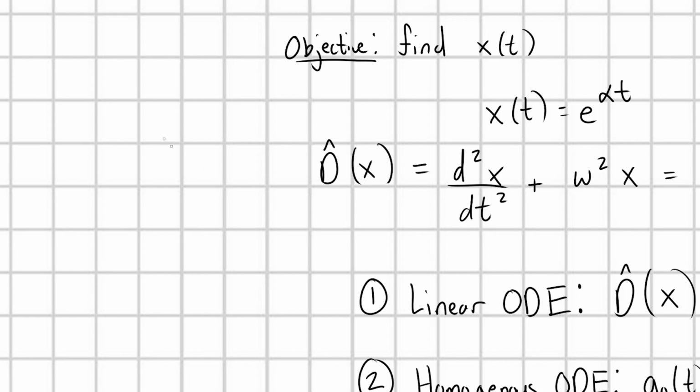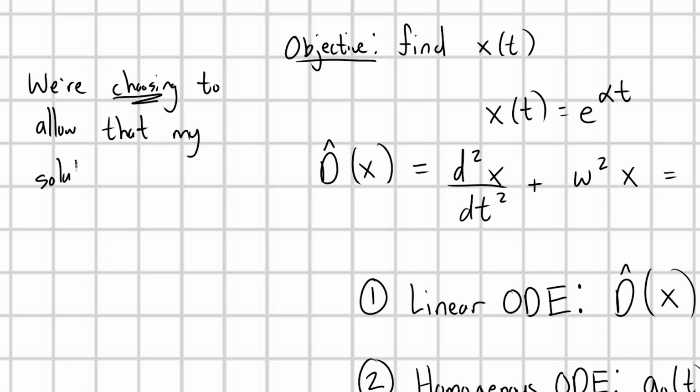So mathematically, what we're doing is we're choosing to allow that my solution can potentially be complex.